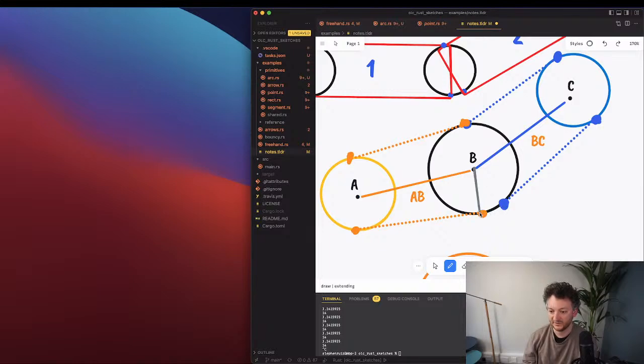Go back. Right? Except this is going to be an arc. We're going to find the center of that arc here. And then, where do we need to do that? We just need to find this point in between these two.